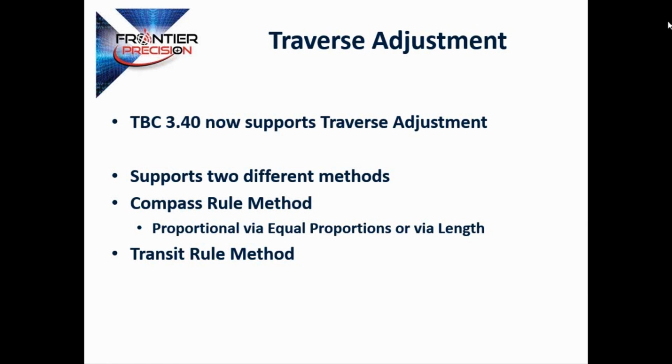Now we have the capability of doing the traverse adjustment in TBC, and it allows us to do the compass rule method or the transit rule method, and it also gives us the capability of printing out the traverse adjustment reports in TBC. So this is a pretty big update for those of you that like to use the traverse adjustment in Trimble Access.